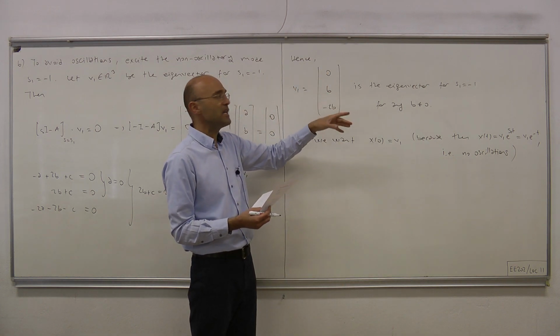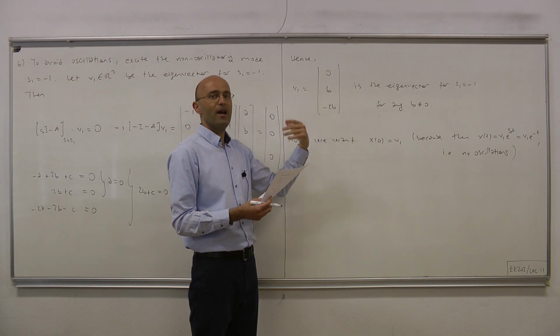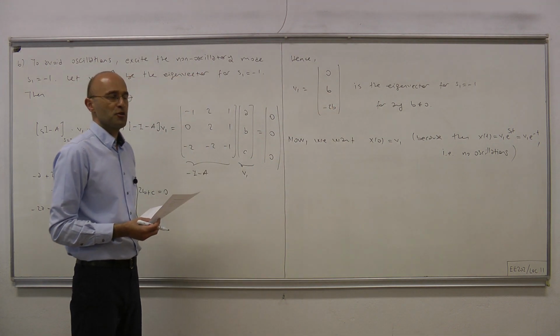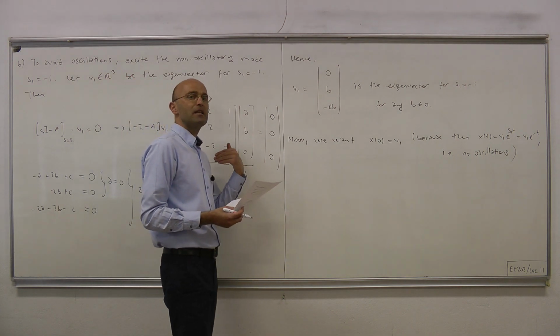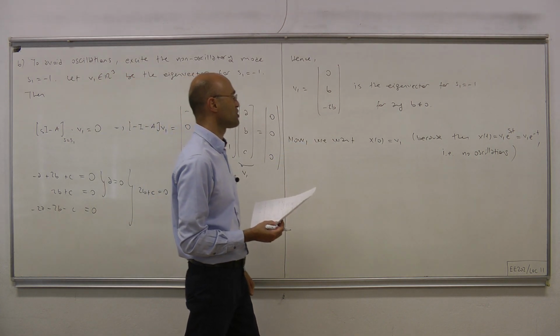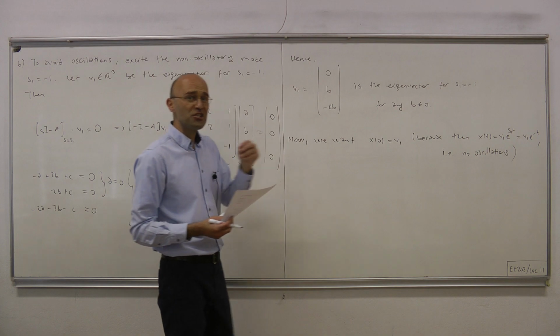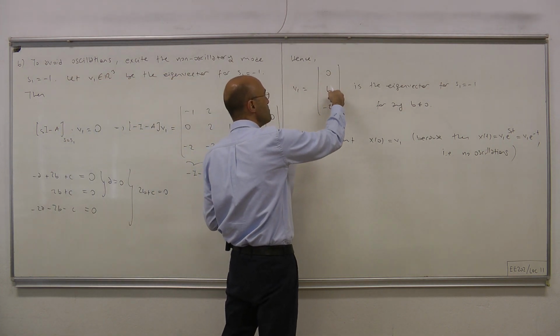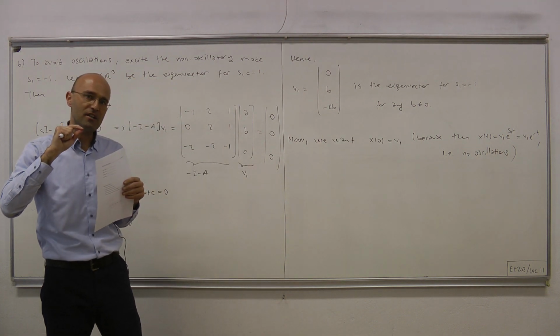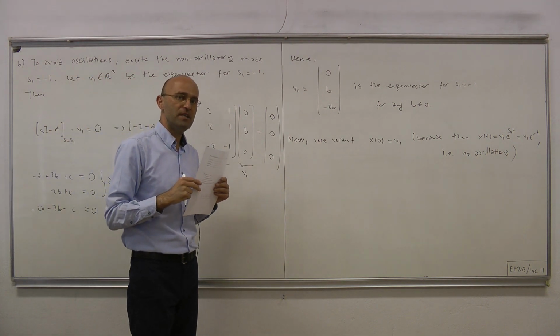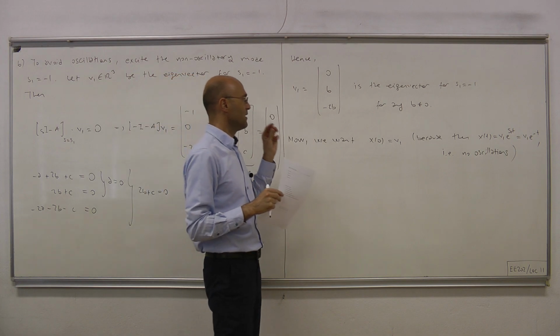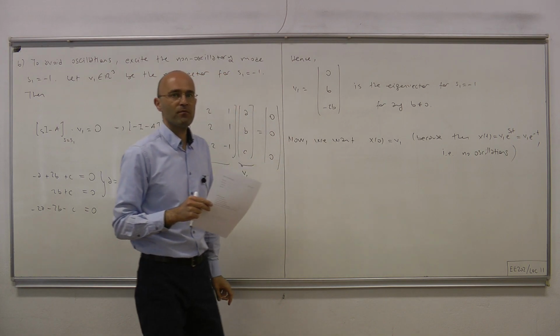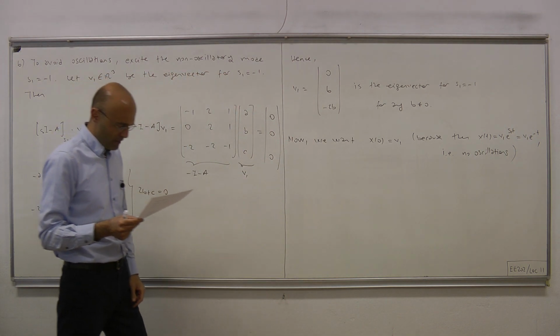Or pick another B and set the initial conditions to that, and then your circuit displays no oscillations. So there are infinitely many ways to start your circuit, but since the initial inductor current is given, we cannot pick B arbitrarily. So that initial inductor current will set B, and we will have the unique answer for our question in part B.